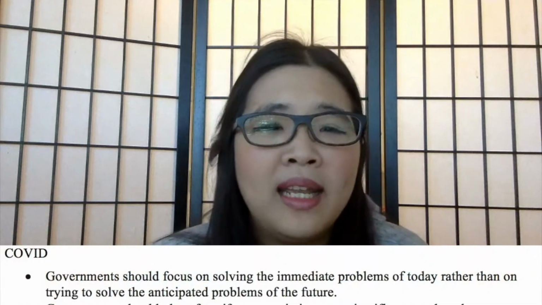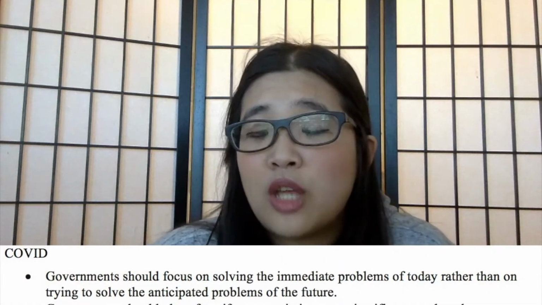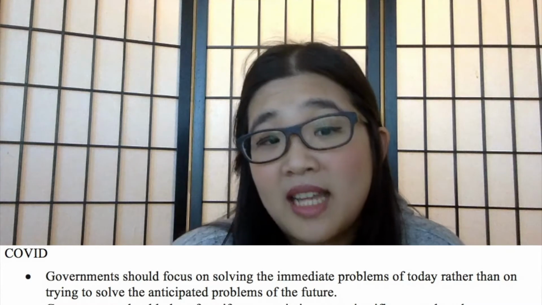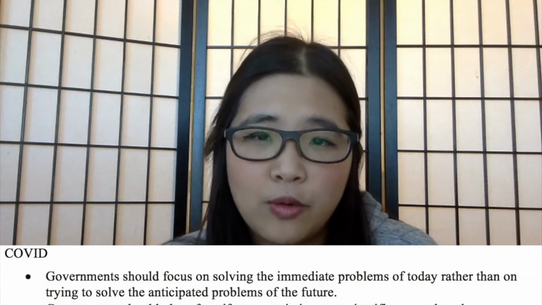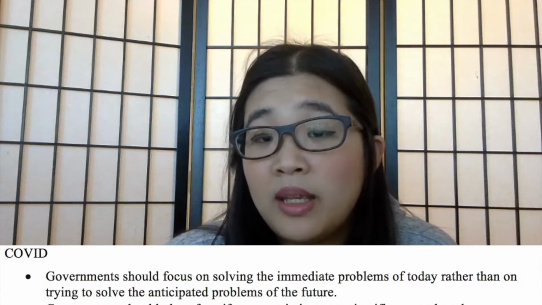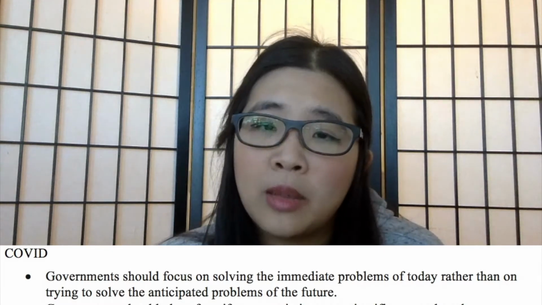But a few of the prompts that can be answered by this are, number 1, governments should focus on solving the immediate problems of today rather than on trying to solve the anticipated problems of the future. This can kind of be taken 2 ways when you're talking about COVID.